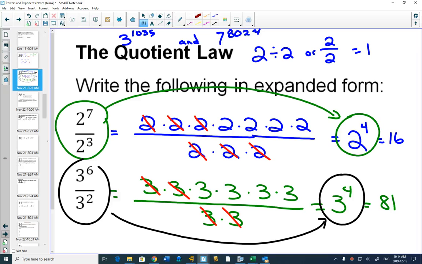After you cancel out 3 of them, you have 4 left. What's the mathematics that you could use to describe the shortcut from going from here to here? You just have to subtract the exponents. And that is exactly what the quotient law says.